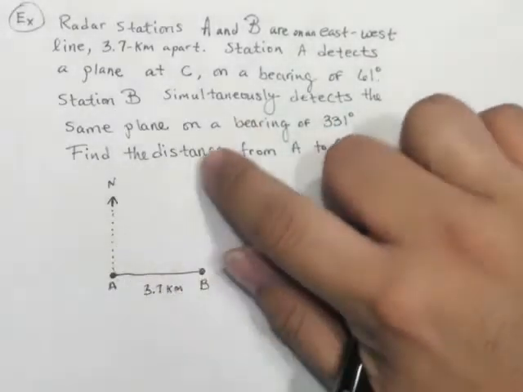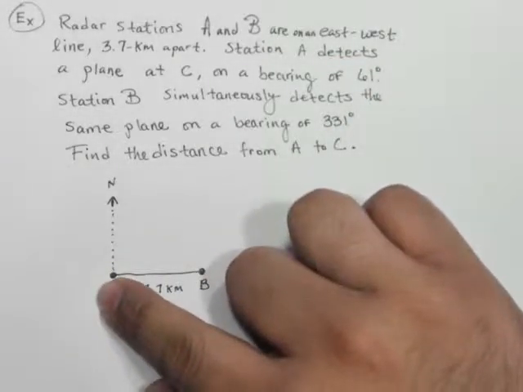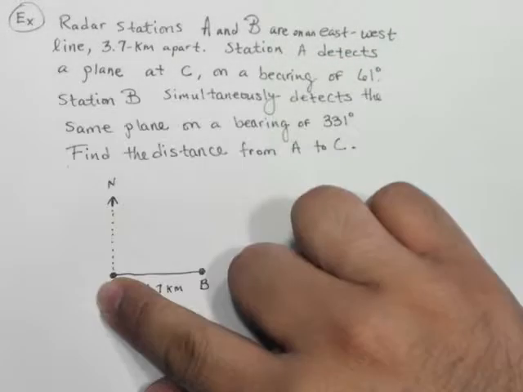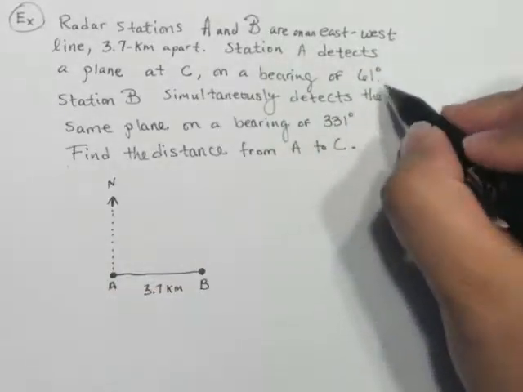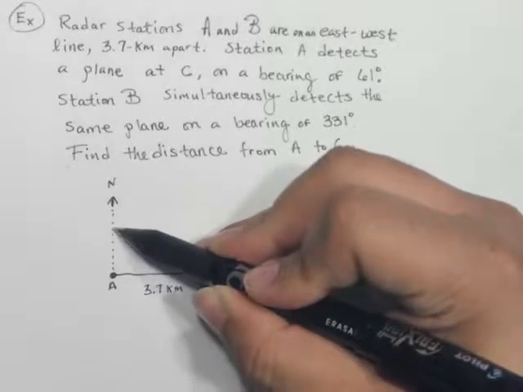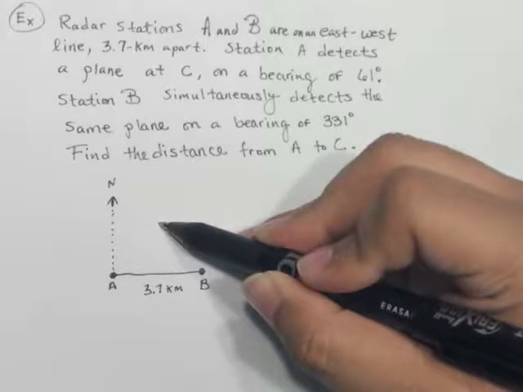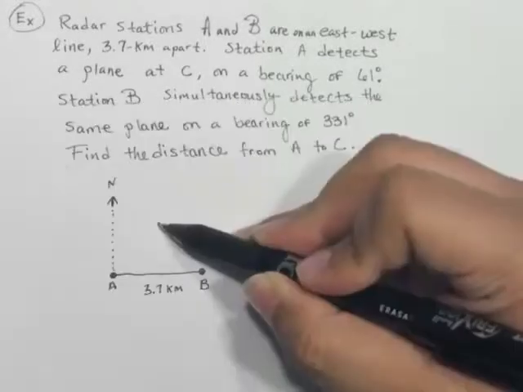Now it says station A detects a plane at point C on a bearing of 61 degrees. So we're at station A and at a bearing of 61 degrees. Let's just put that point somewhere out here.